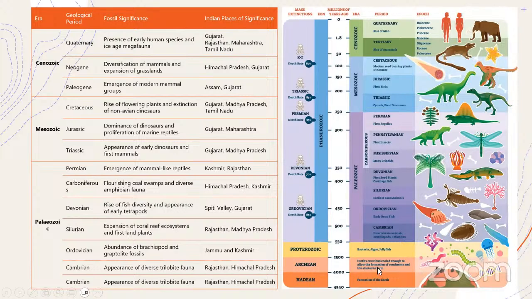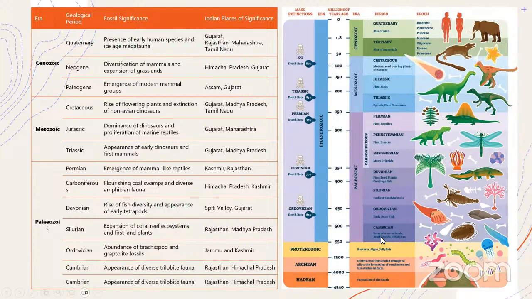In the Archean era, the earth crust had cooled enough to allow the formation of continents and life started to form. After the Archean, in the Proterozoic, bacteria, algae, and jellyfishes first formed. After that, in the Ordovician, Devonian, Permian, Triassic, Jurassic, and the remaining eras and periods, each has its own specific index key fossils.